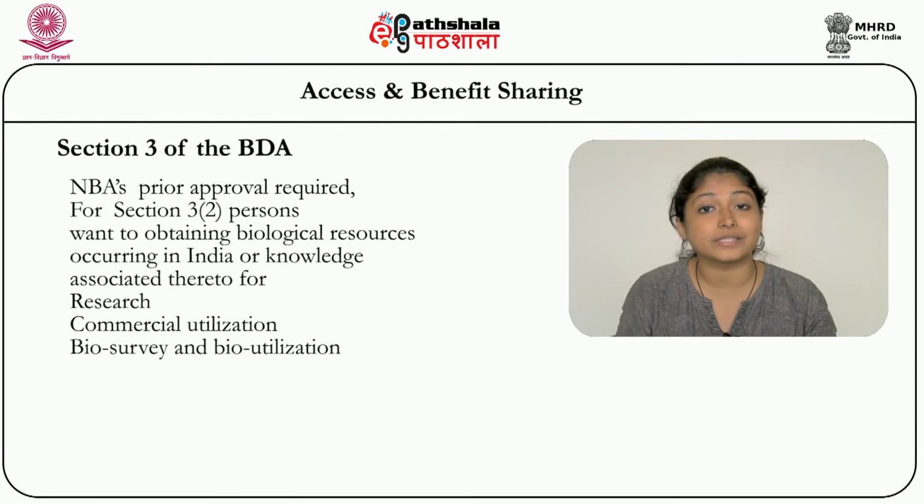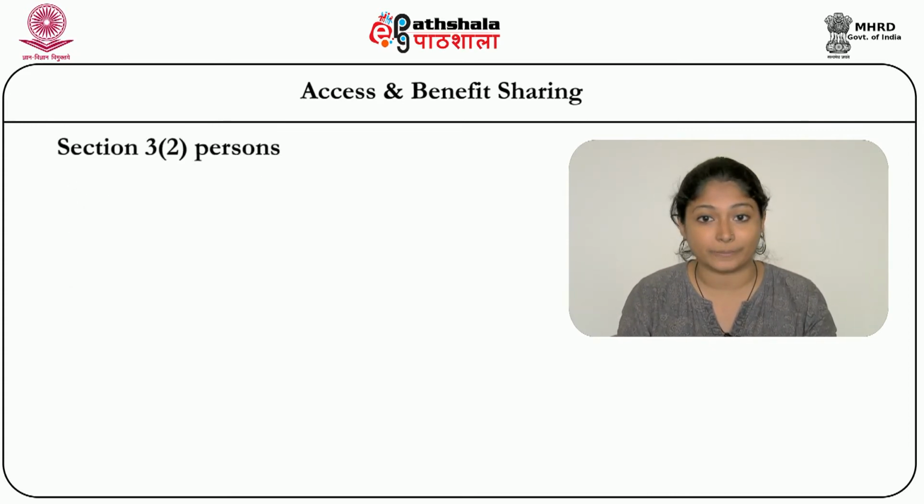So that is the first regulation in the Biological Diversity Act relating to access. So the appropriate forum or the competent authority to approach is the National Biodiversity Authority for section 3(2) people. There are 4 kinds of section 3(2) people.